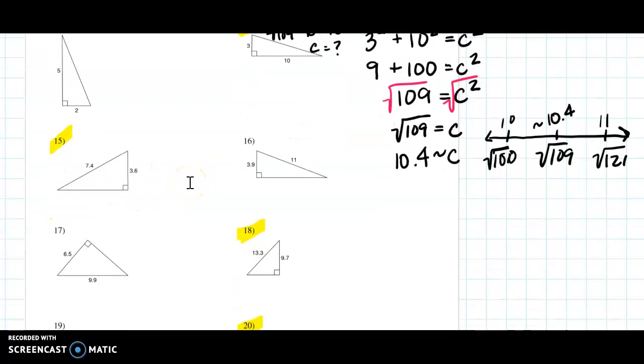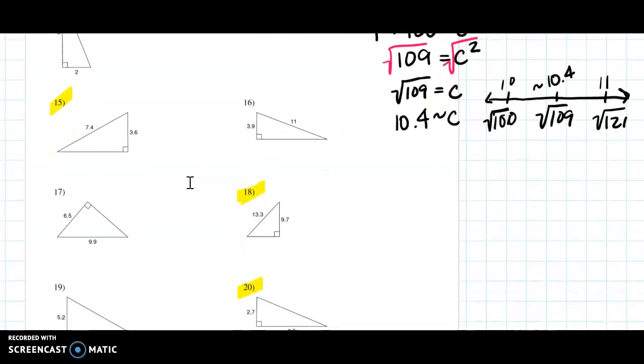Now let's take a look at question 15. Notice that question 15 is missing side B, not side C. So we need to rearrange our formula a little bit. I know that a squared plus b squared equals c squared.